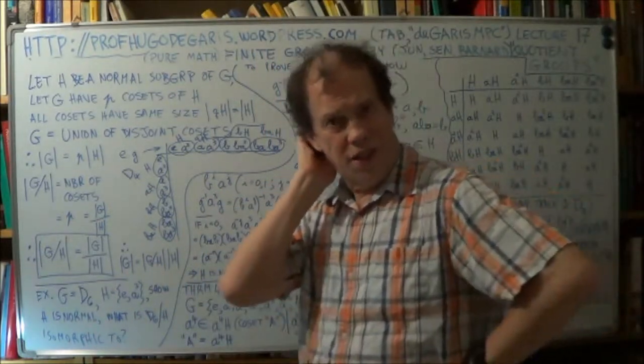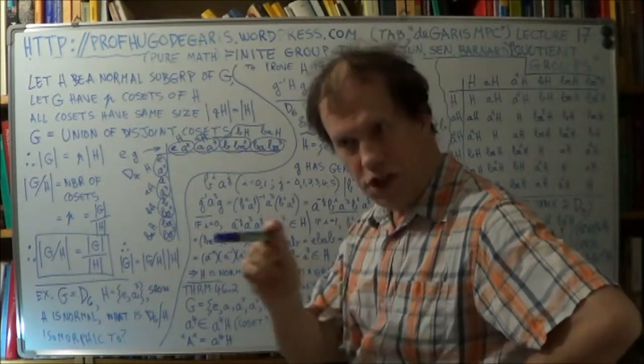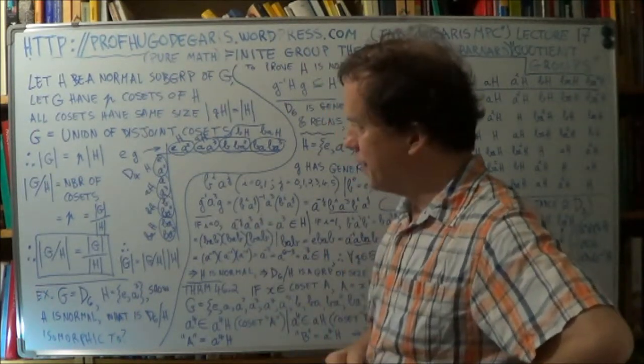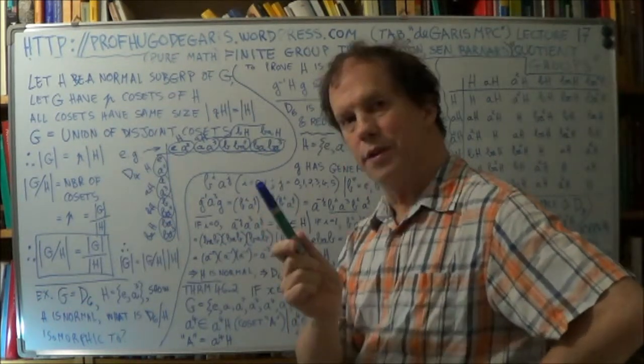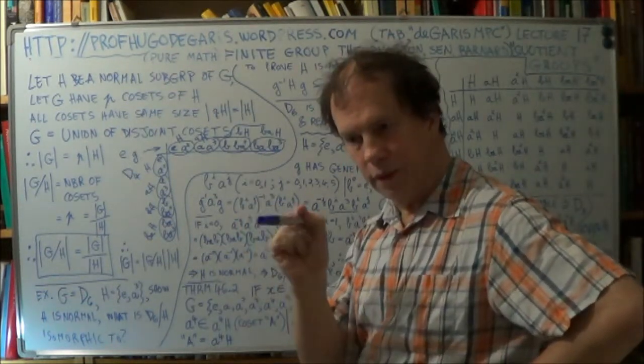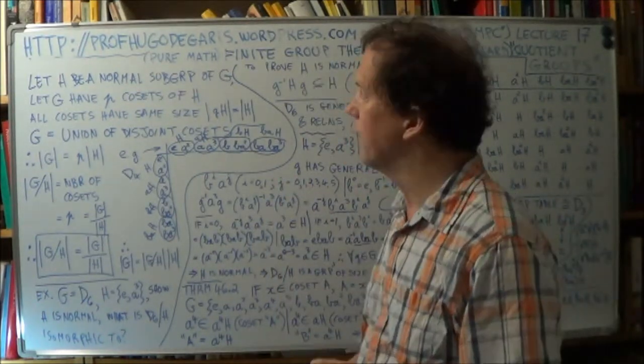In the previous session I said I would introduce to you a relationship between the size of a quotient group and the size of its group, G, and the size of its subgroup, H, the normal subgroup.